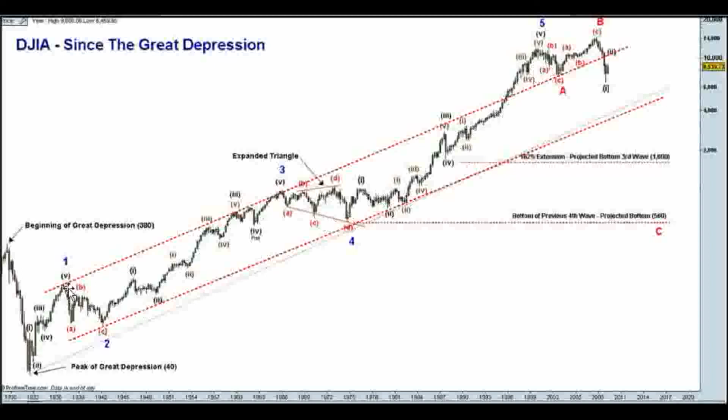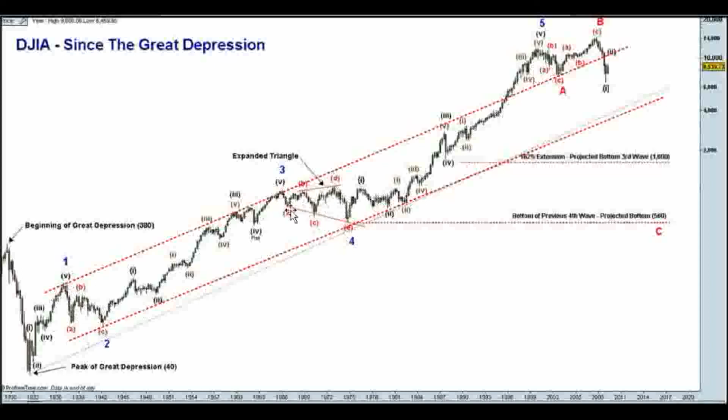So if indeed we believe this is wave 1 up, this looks like a correction to me in wave 2, a simple zigzag wave 2. And that means if indeed that is true, that wave 4 will probably not be a zigzag, and in this case what I show is wave 4 being a triangle, and that is the rule of alternation, and it seems to work out pretty well here.